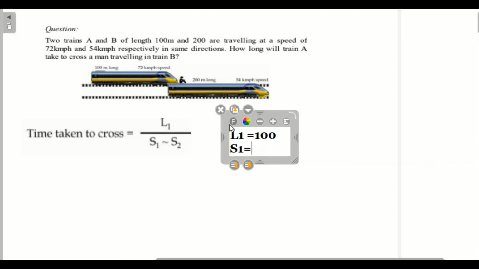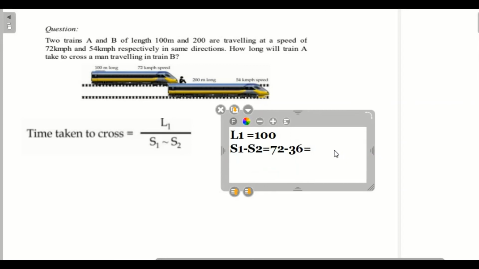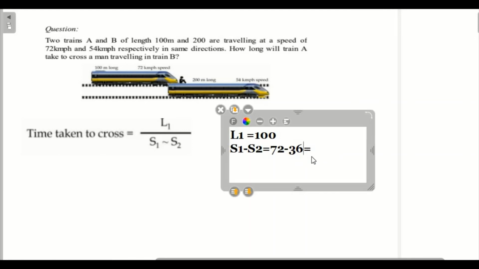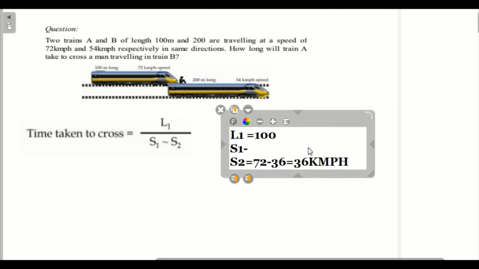So S1 minus S2, okay, is equal to 72 minus 36, equal to 72 minus 36, which is 36 kmph.